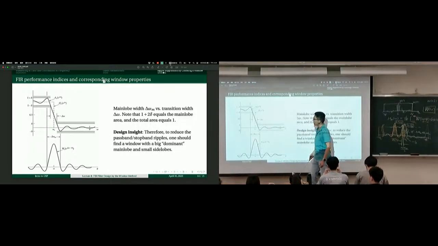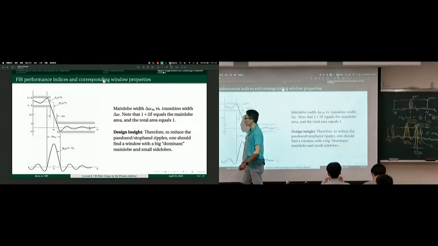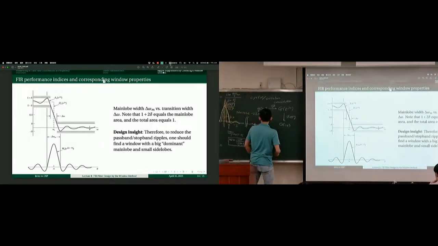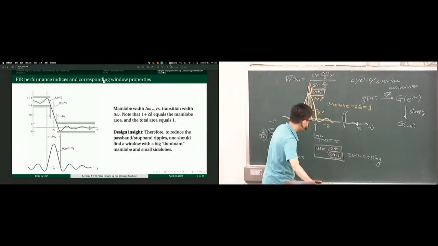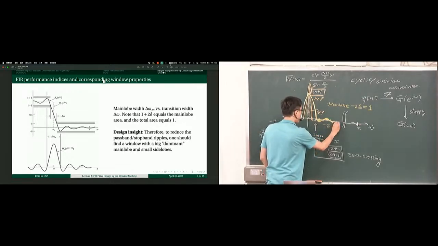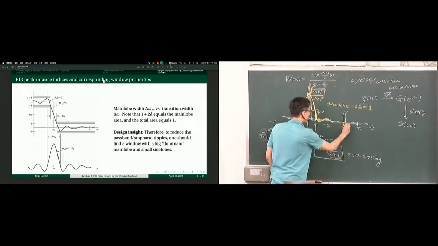And what is delta? Delta has something to do with the main lobe width, the main lobe area. The main lobe area turns out to be 1 plus 2 times delta. And what is delta? Delta is actually the summation of all the area right there, when it extends far, far, far.